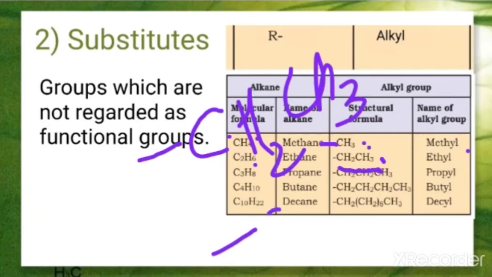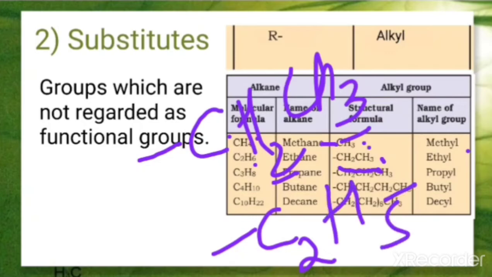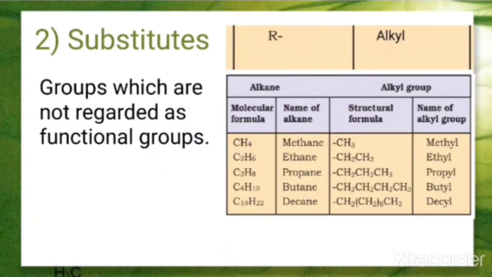Total number of carbons is 2, so C2, and here 2 hydrogens plus 3 hydrogens, so 5. Instead of writing CH2CH3, we can also write C2H5. That group is called the ethyl group. Similarly, for propane the formula is C3H8. So what will be the formula for propyl group?